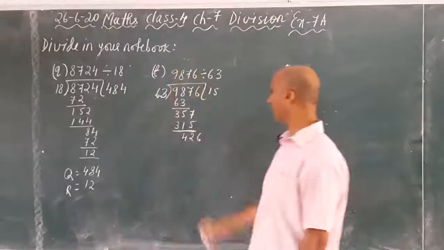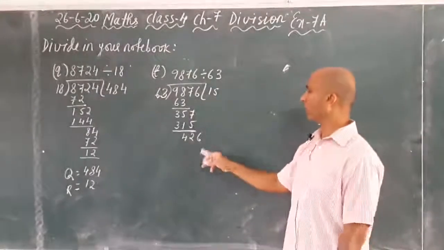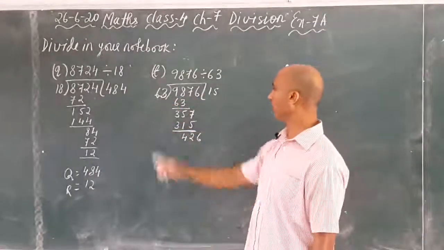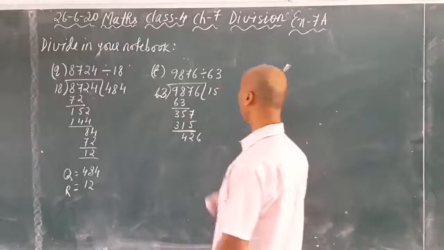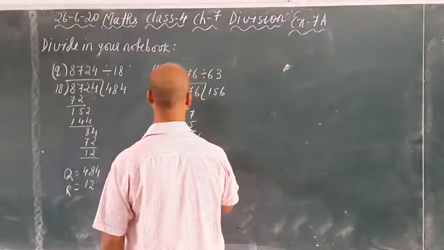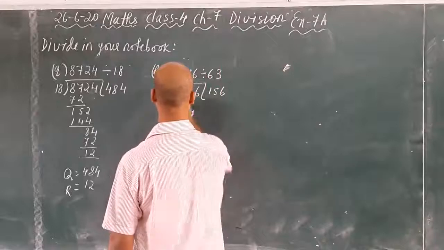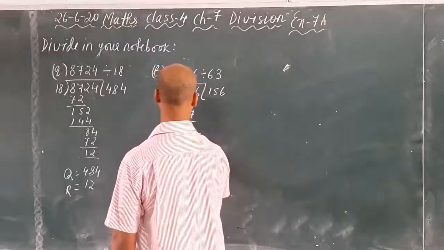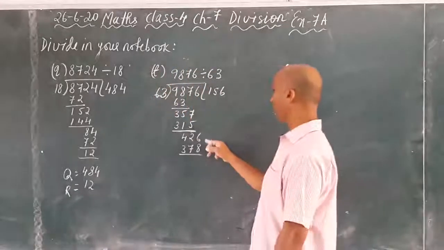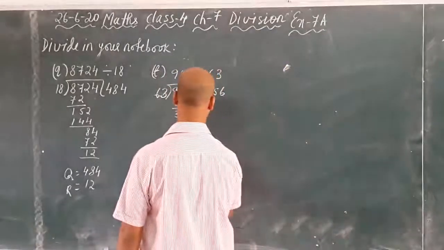So 424, now you got 63. So 63, it will go 6 times. Okay, 6 3s are 18, carry 1. 6 6s are 36 plus 1, 37. So from 16 subtract 8, 8.